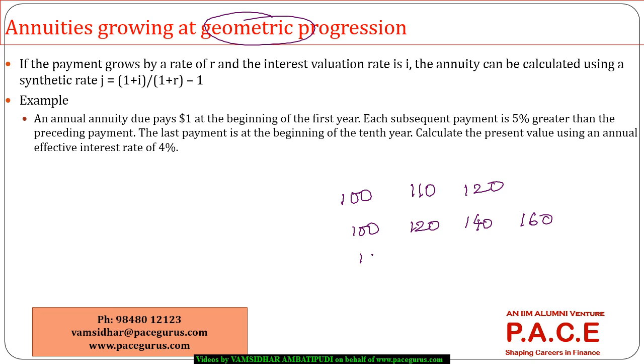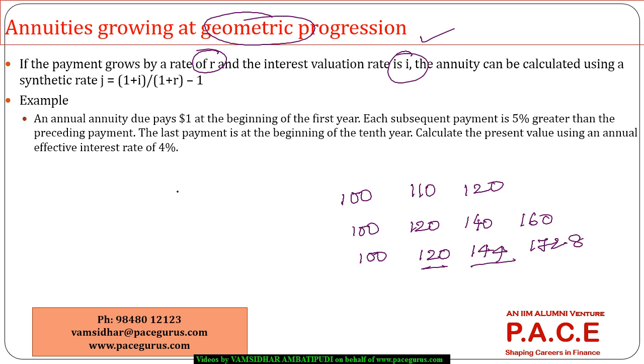But with the geometric progression, 100, 120, again 20% on this, 144, 20% on this, 172.8. This is what we call the annuity growing in a geometric progression.